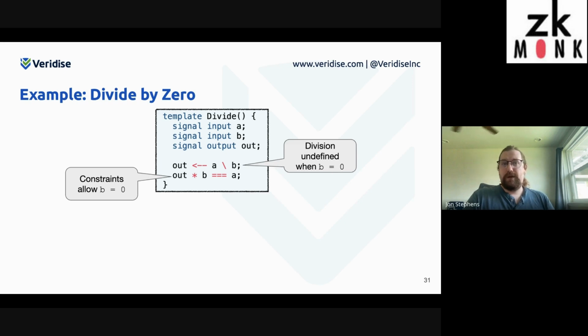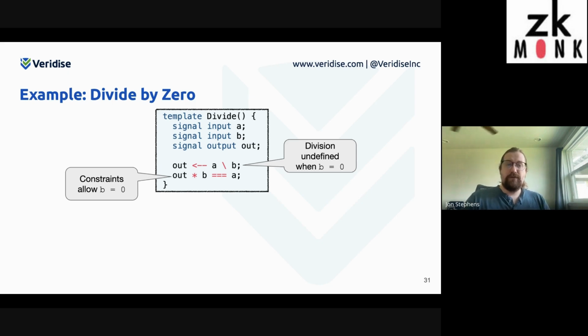However, just because your witness generator failed to generate a witness doesn't mean that someone else can't generate an alternate witness from some other witness generator and provide that to your prover. If someone were to do that, they could construct a witness where b is equal to 0 and provide that to the prover, and the prover would happily accept it because the constraints are still satisfied.